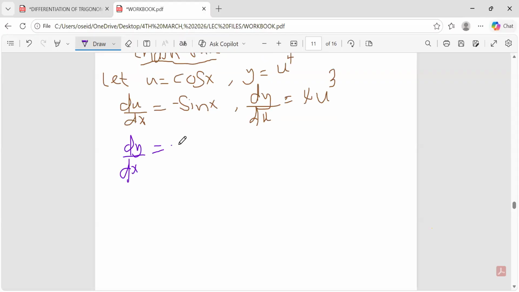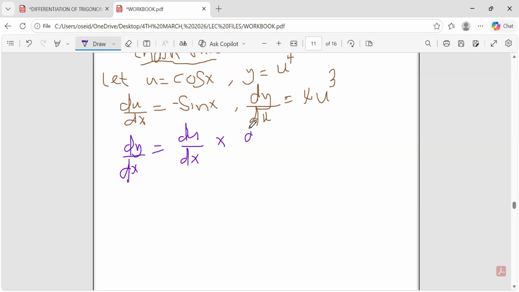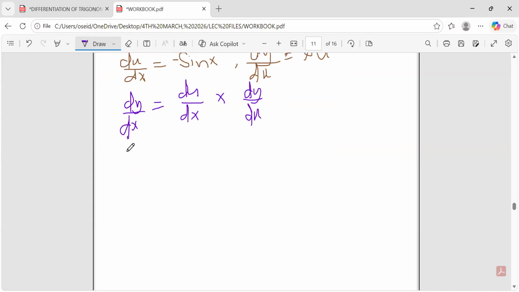We had negative sine x. All right, so let's write the formula first: du dx times dy du.